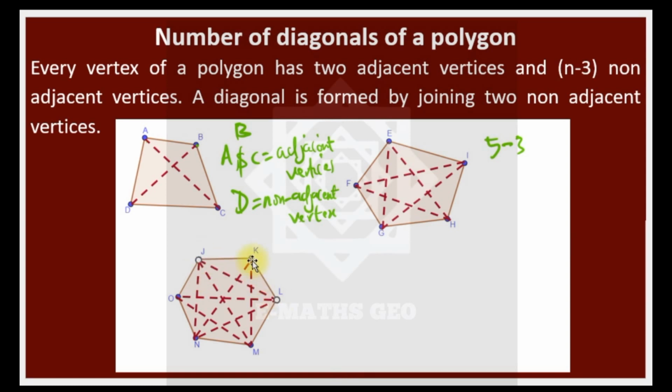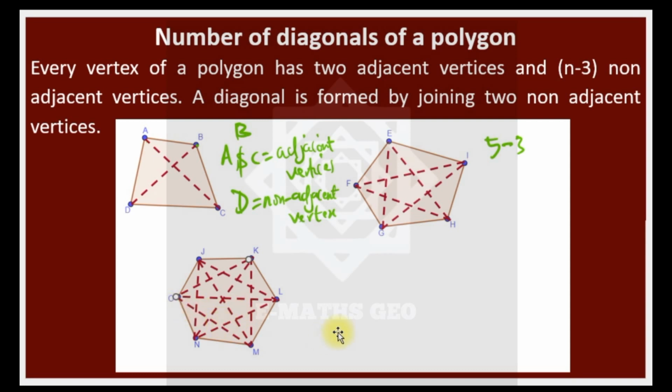So for K, we have 1, 2, so we have only 1 left. So that's it. For J, we have 1, 2, 3.